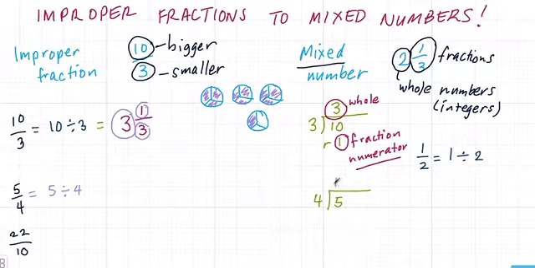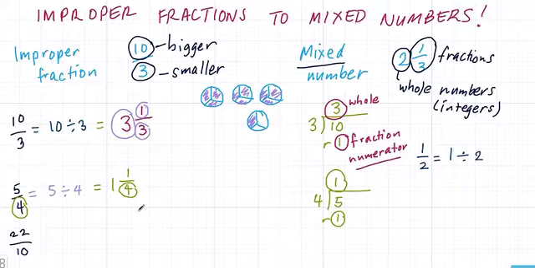There's 1 4 in 5 with 1 left over as our remainder. So our mixed number is going to be the whole number 1, plus 1/4 left over. We know it's a quarter because the fraction is always going to have the same denominator.